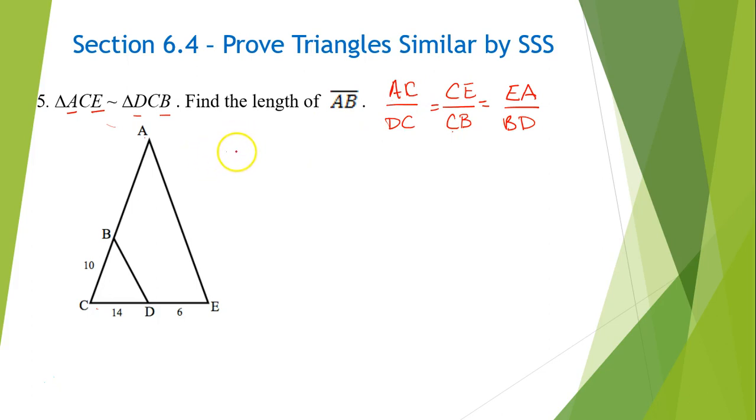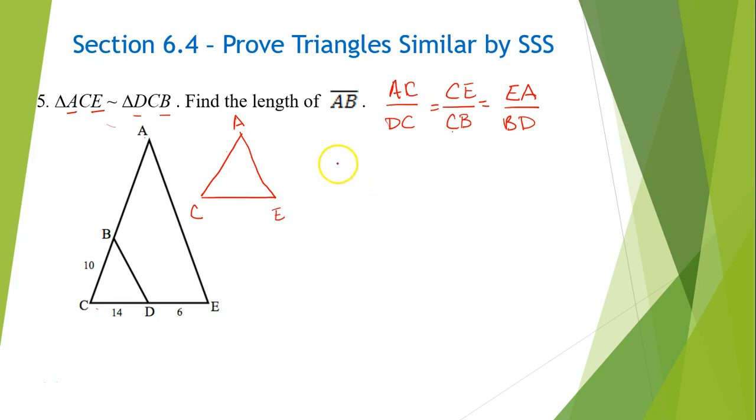Now, also, it helps, like I've said before in class, to separate these triangles out in their own little drawings. So I'm going to do that and label them. This is just a smaller scale of ACE.